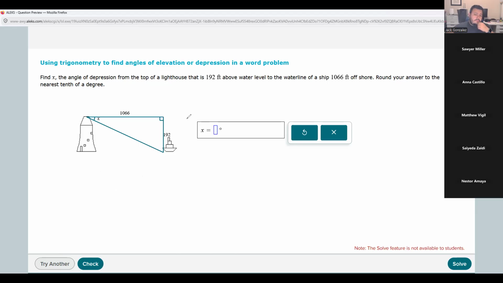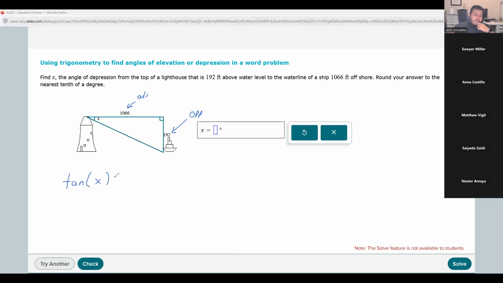So this guy will be opposite when it comes to x. This is adjacent. So since it has those two, we want to choose tangent. That way we don't have too many unknowns.